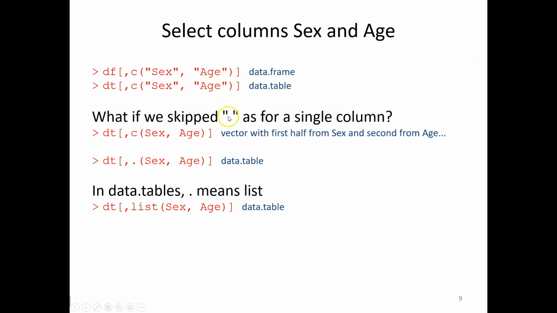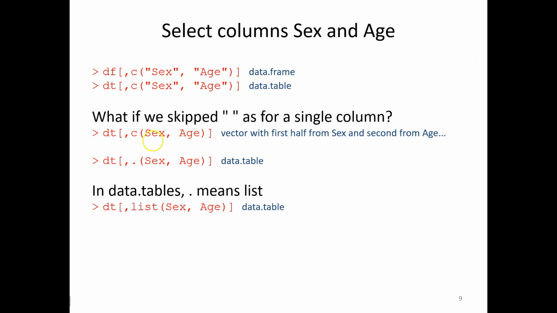But if we try to do as in the previous example and skip these quotation marks and just write dt bracket all rows c sex age, then we would, perhaps unexpectedly, get a vector, and a very long vector, actually twice as long as the number of rows in the data set, something like 30 million elements.